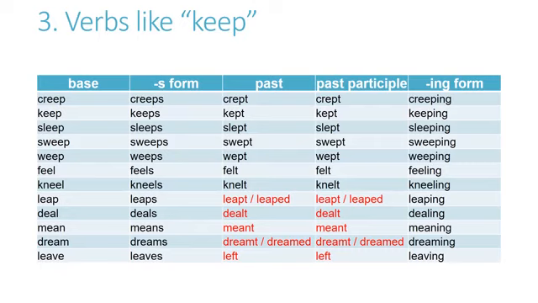Now you get into other words like deal, mean, dream, and leave. And these also go back to the same pattern, but the pronunciation is different, although the spelling remains the same. So we have deal, dealt, dealt. Mean, meant, meant.